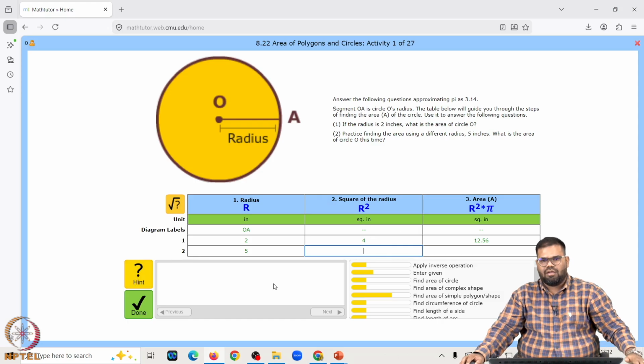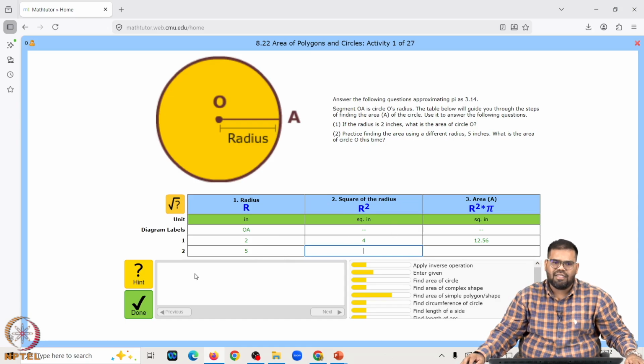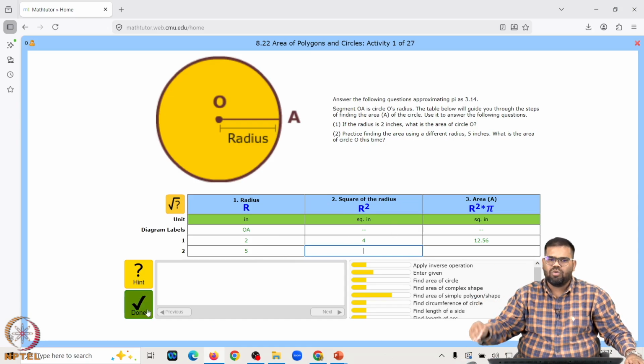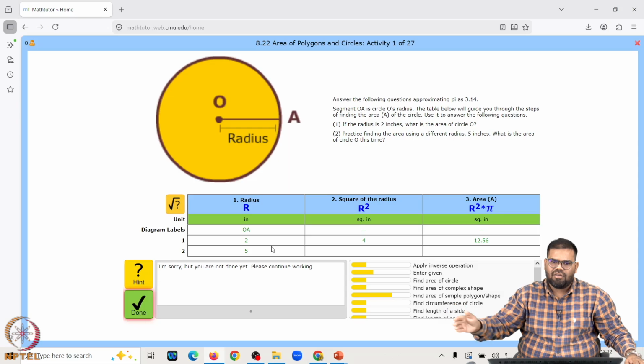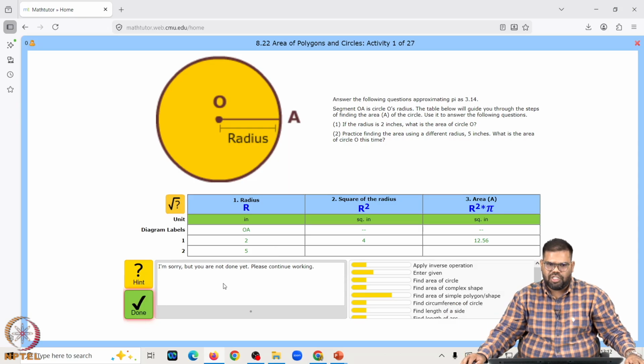Suppose a learner is frustrated because he doesn't know how to calculate the square of the radius, and he just wants to go to the next problem. If he presses done, it will restrict the learner from leaving this worksheet. It will say, I'm sorry, but you are not done yet, please continue working. So it adapts to how the learner is solving the problem.